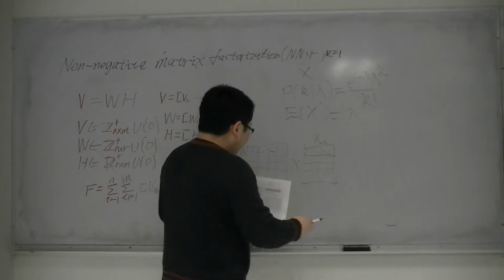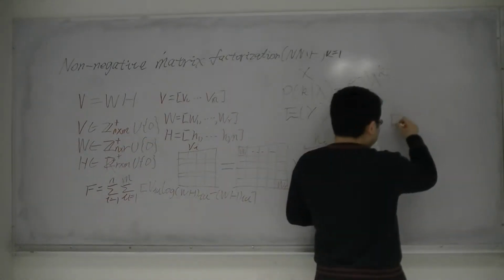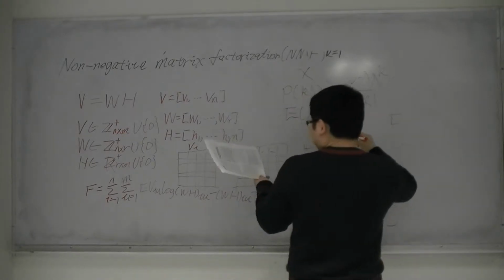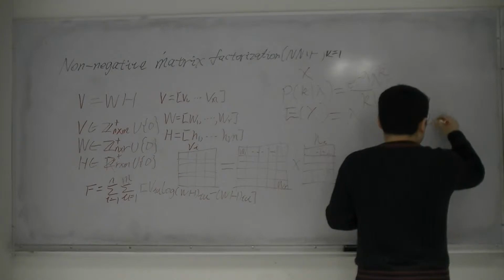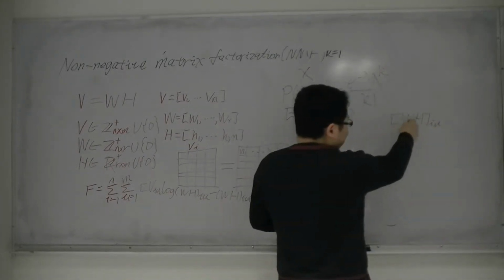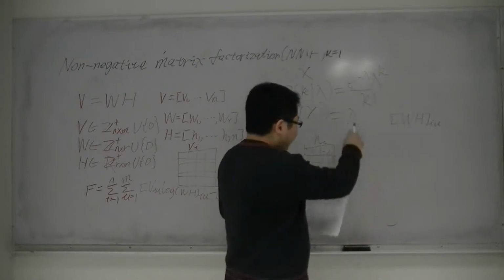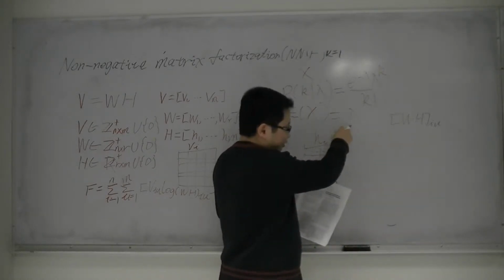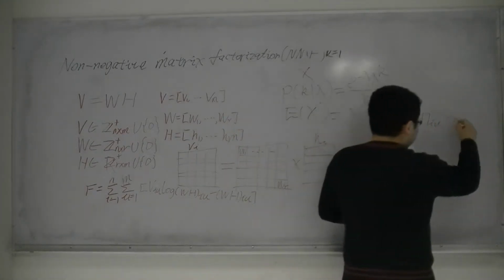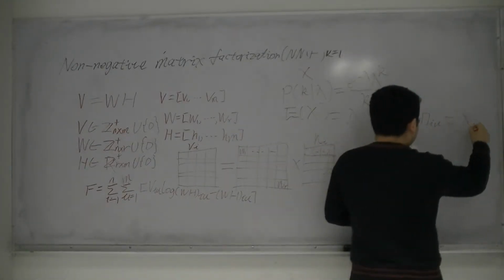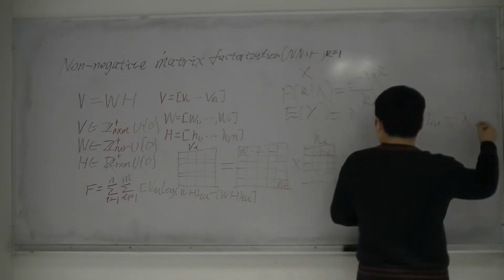So on average we can say every element of this matrix, the real number, has an expectation of lambda.